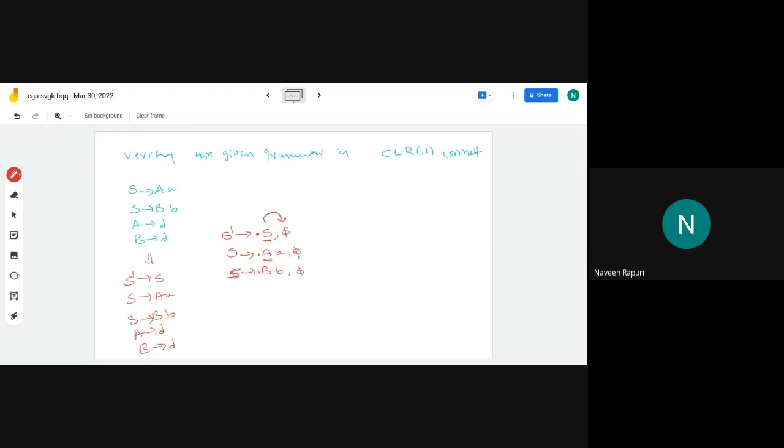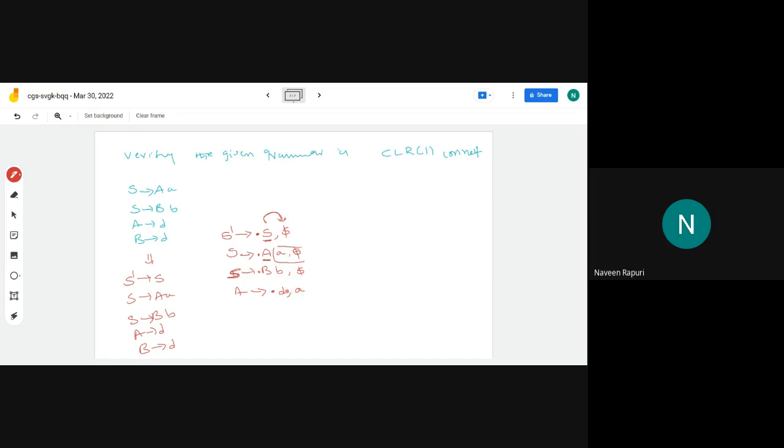Now after the dot here there is A, so A derives dot d, comma. After A we are having small a, so first of A means small a. So we need to add the look ahead symbol as small a, sir.